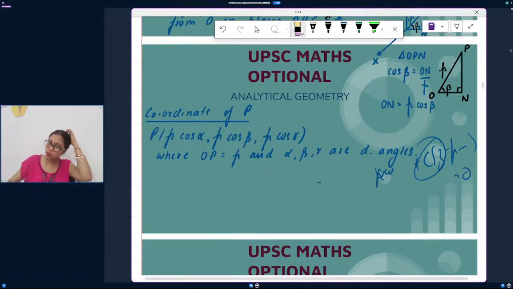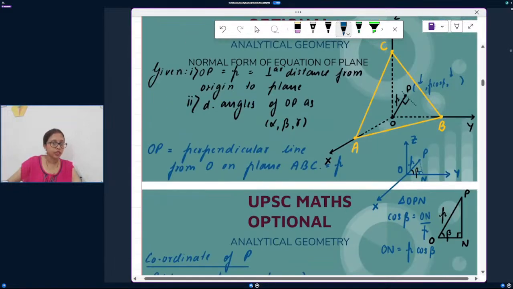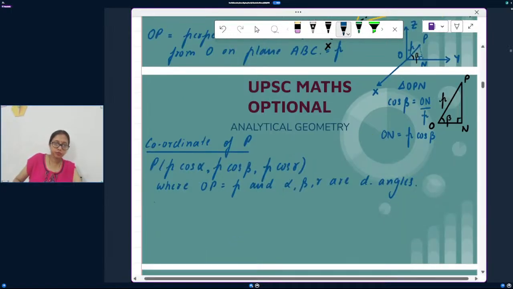So to eliminate that, what I'm doing instead is taking an arbitrary point on the plane. That arbitrary point will be x comma y comma z. The equation involving that x, y, z is the equation of the plane because that point is on the plane. Let us take any arbitrary point Q on the plane.